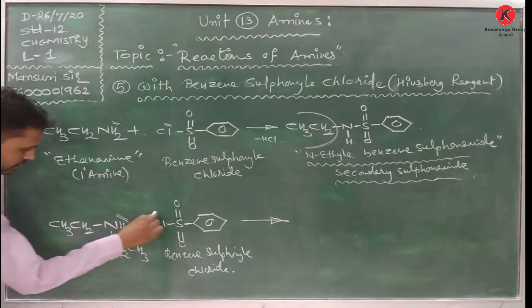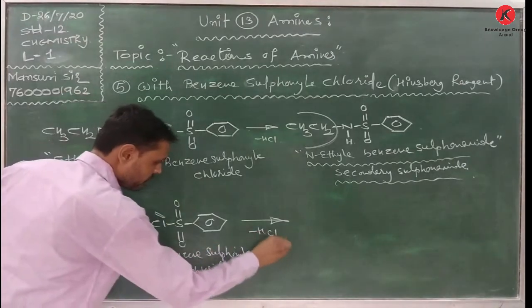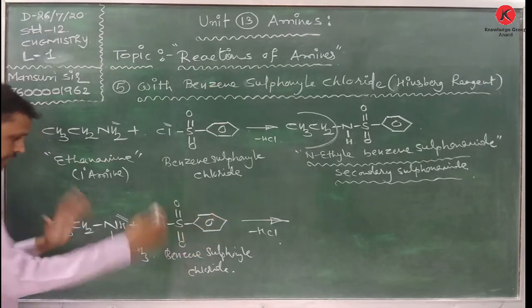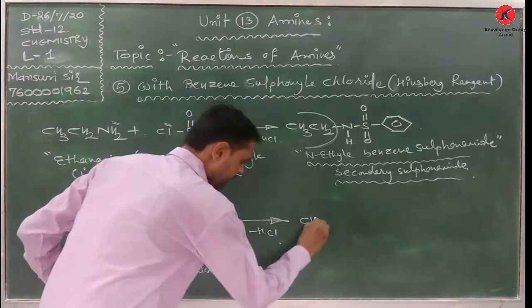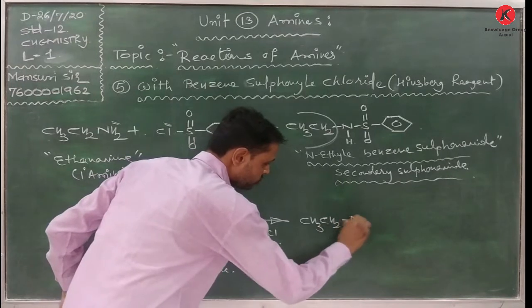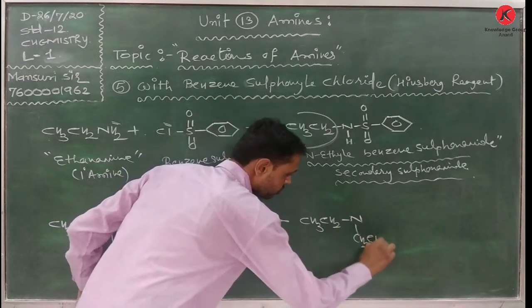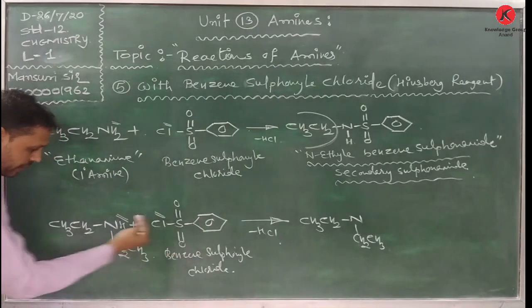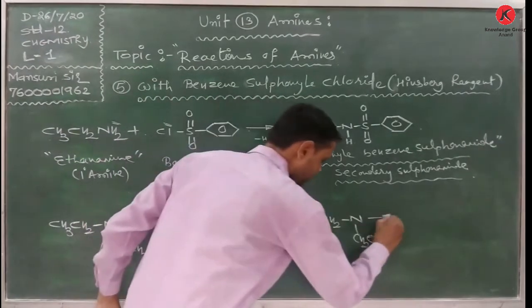Hydrogen and chlorine will be removed as HCl, and the two reagents will be fused. That is why CH3CH2 and CH2CH3, and the sulfonyl group will be attached to nitrogen.